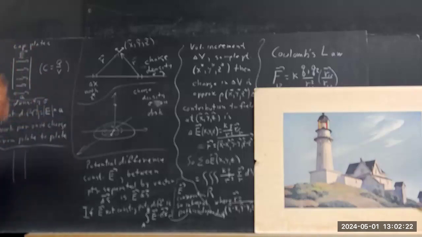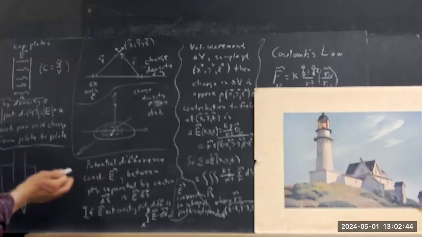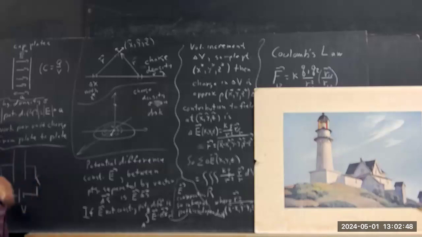And it all interrelates in a way you want to try to pull together. Now, if you have a capacitor in the circuit, initially uncharged, you close the switch, and the thing charges.